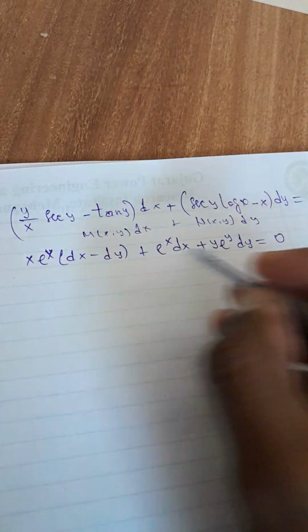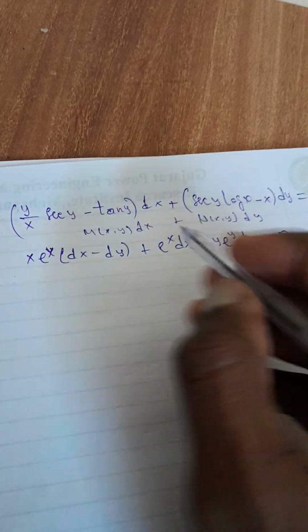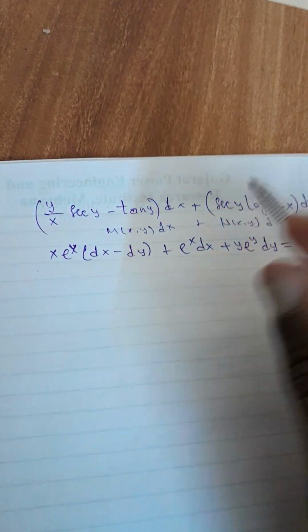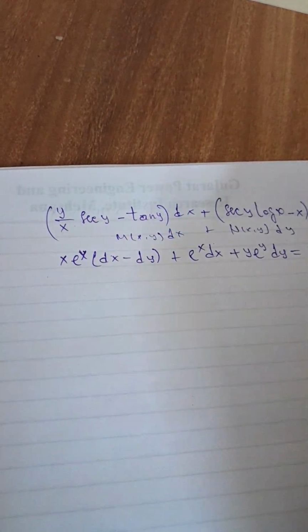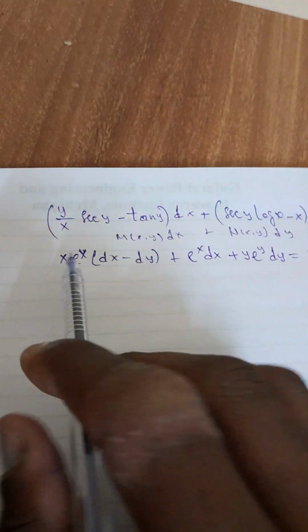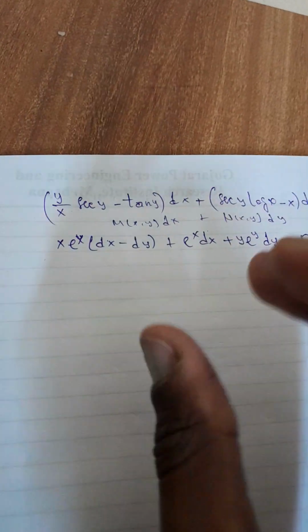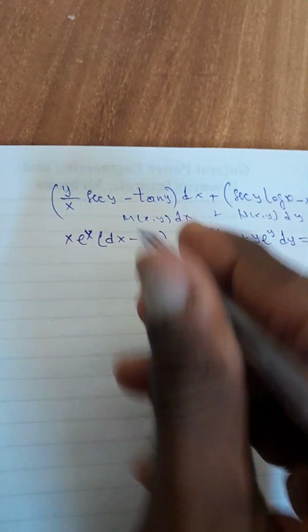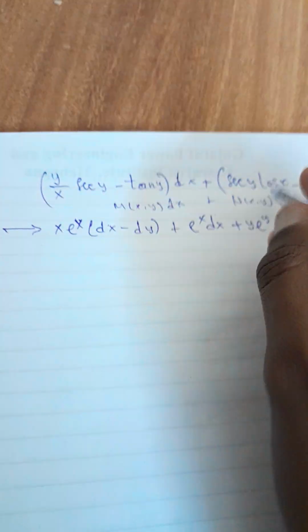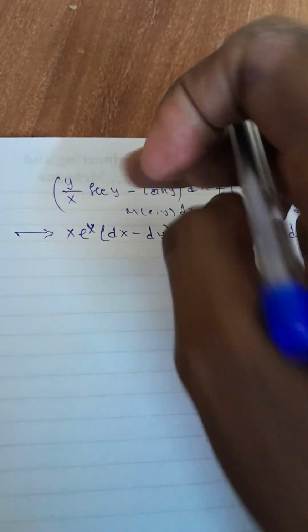But this one is not in this form. When they give it to you in this form, you can directly find m and n and check whether the function is exact or not. But when they give it like this, you have to transform this equation into this form. So we are going to solve this one. For the other one, you can check at home, after seeing how to solve this.